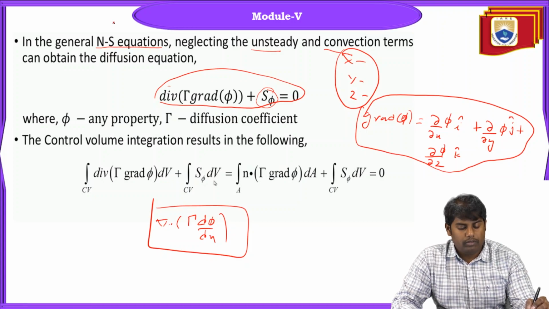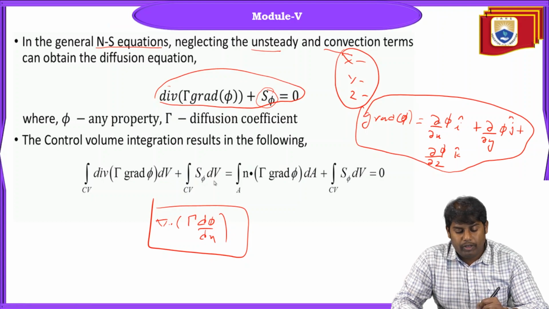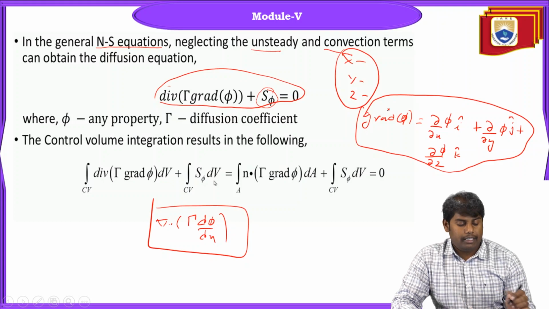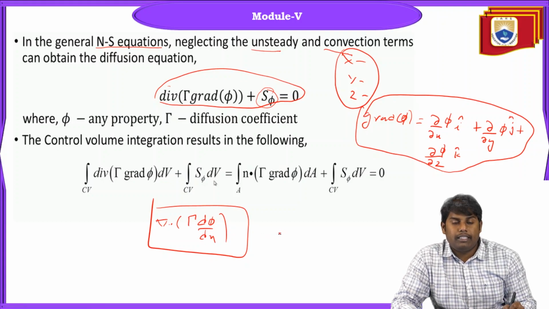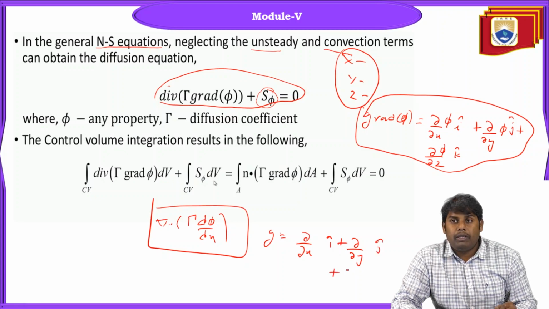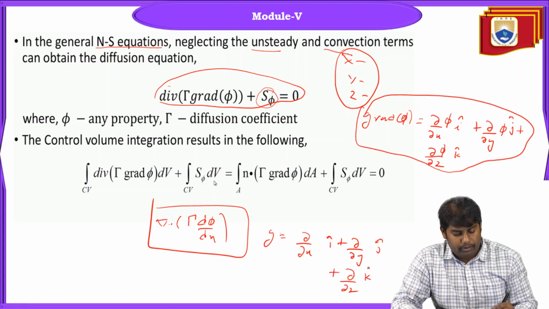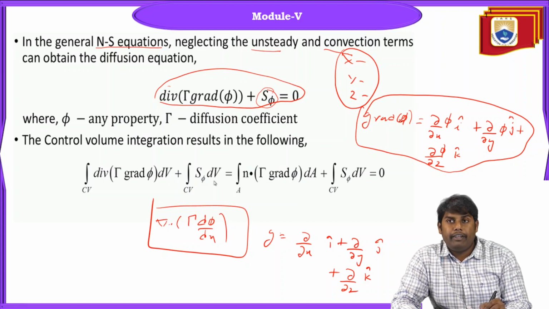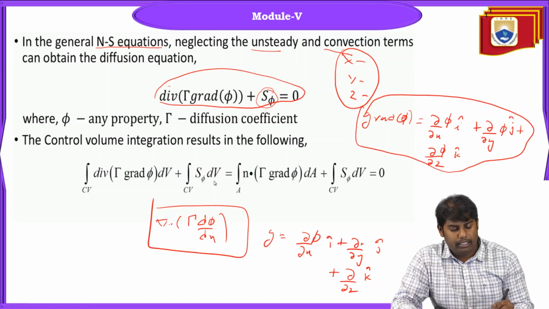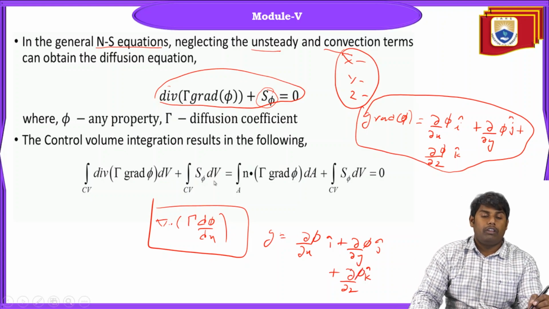Whatever dou phi by dou x, dou phi by dou y, dou phi by dou z is there, this is coming. The gradient is nothing but dou by dou x of i cap plus dou by dou y of j cap plus dou by dou z of k cap. So simply when we write grad phi, this phi term will be here, here and here.